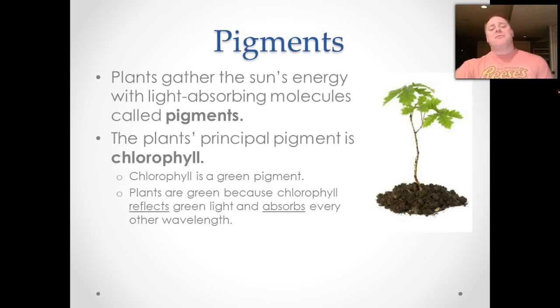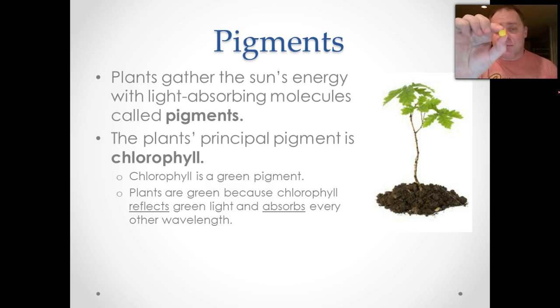A pigment, by definition, is something that either absorbs or reflects light. So for example, I happen to be eating M&Ms right now because I am a pig. This is yellow. And what that means is this particular M&M is reflecting all of the yellow light that's hitting it and absorbing all the other colors. Right?